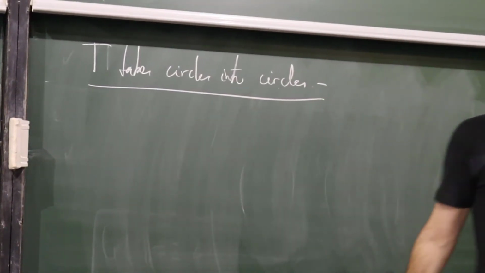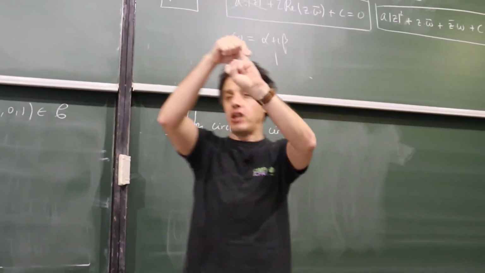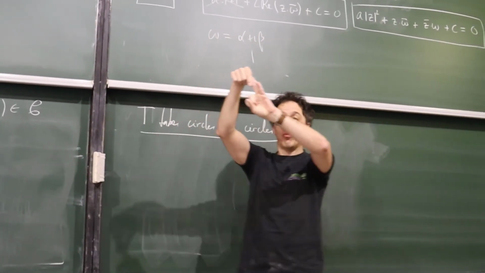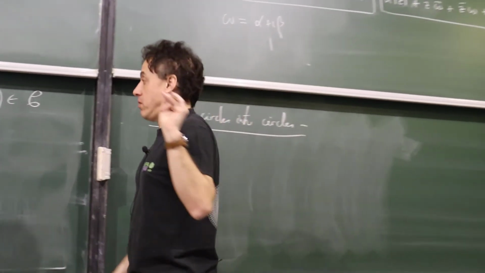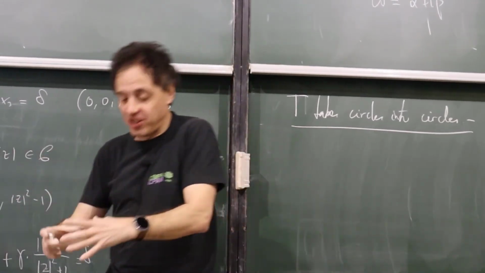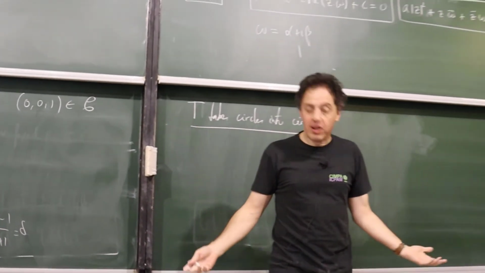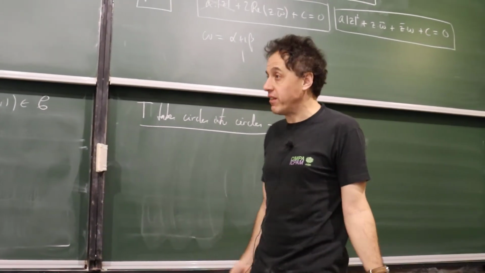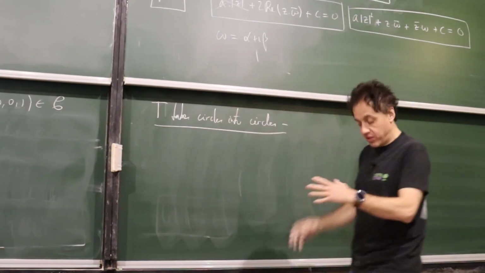Now it's quite easy to show it. Any Möbius transformation is composed of translations, let's say, homotheties, and inversion. A translation, of course, takes straight lines into straight lines and circles into circles, no problem. Okay? And homothety is the same. So these are affine transformations, so they take straight lines into straight lines and circles into circles.